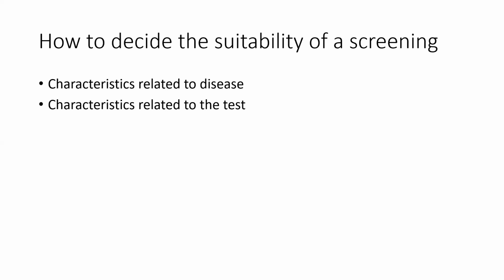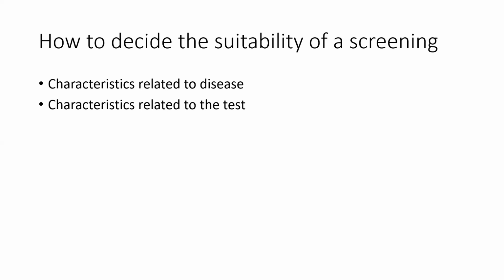So for a disease to be suitable, it should have certain characteristics: a detectable period, being a burden, having a diagnostic test, and having a treatment. For a test to be suitable, it should have good sensitivity and specificity.